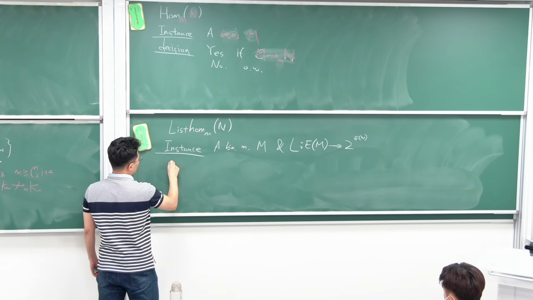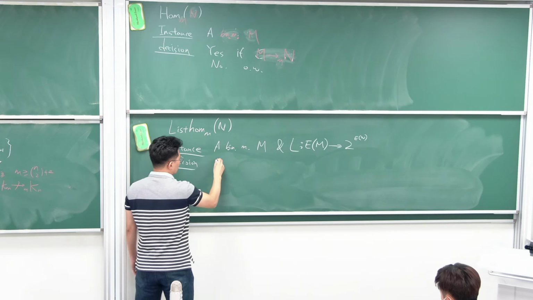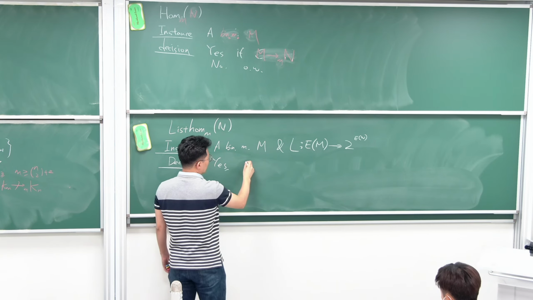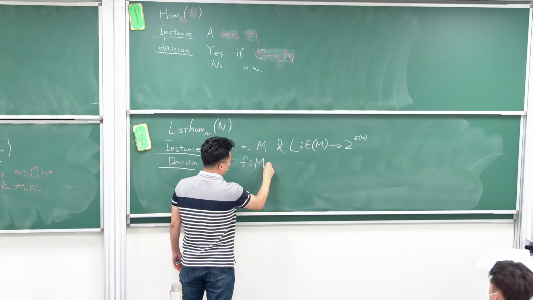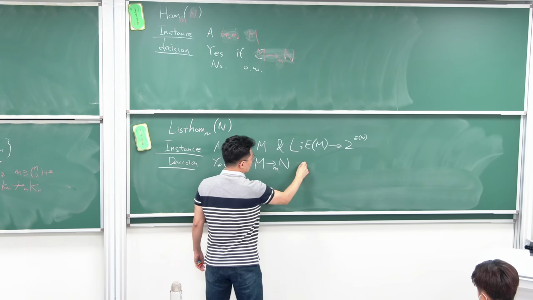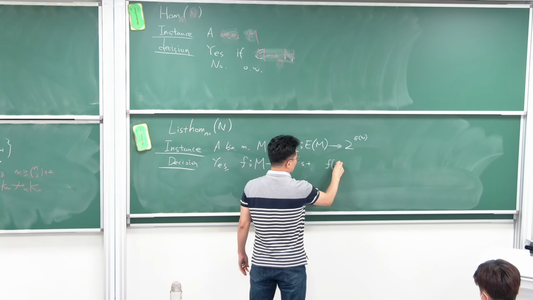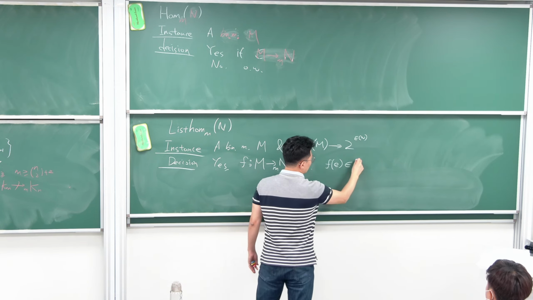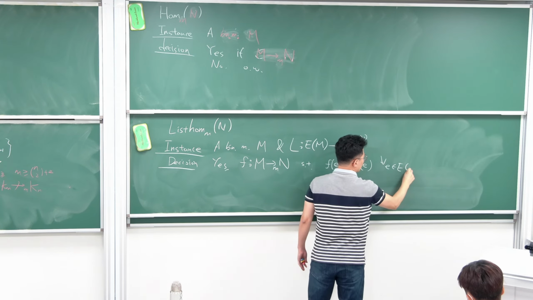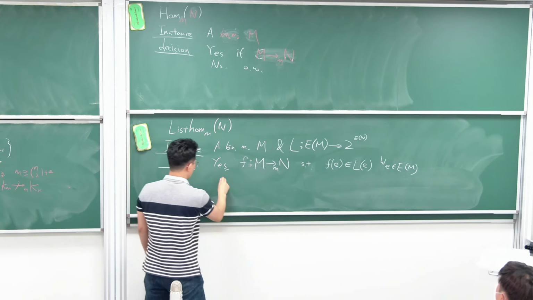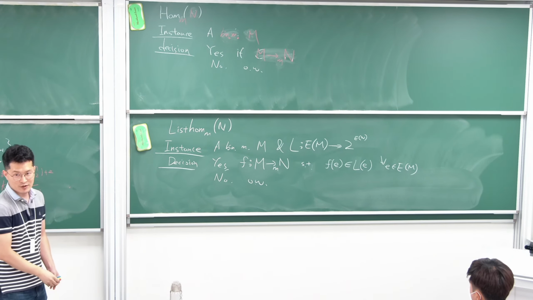We want to decide yes if there is a matroid homomorphism from M to N such that f of e is in the list, and no otherwise. So it's kind of a list coloring problem.